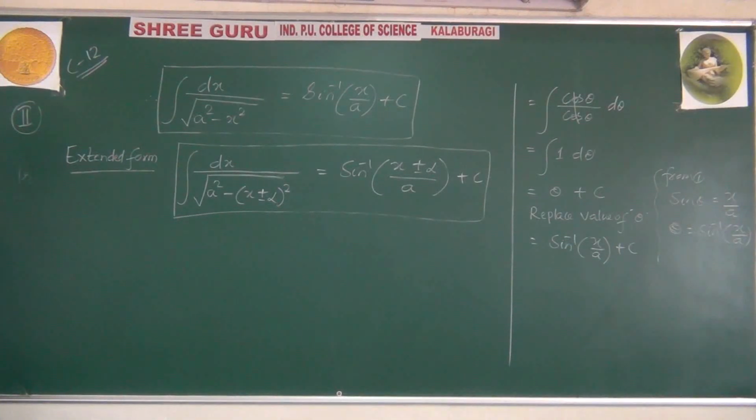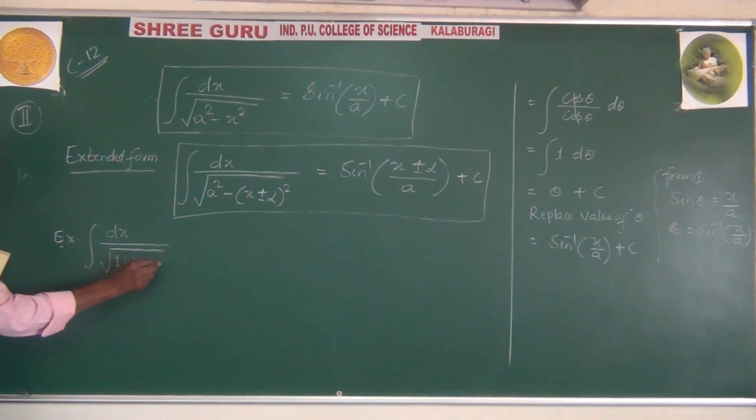See, for example, how this formula will be used in the coming hours. For example, integration dx divided by square root of 144 minus x square equals.